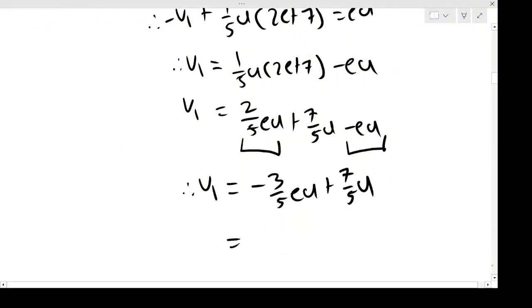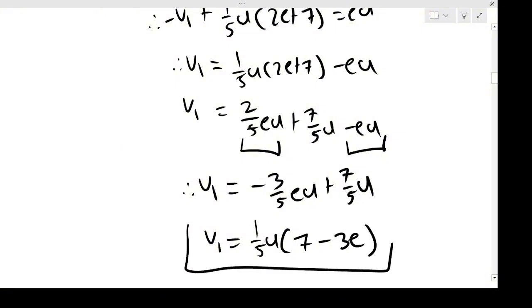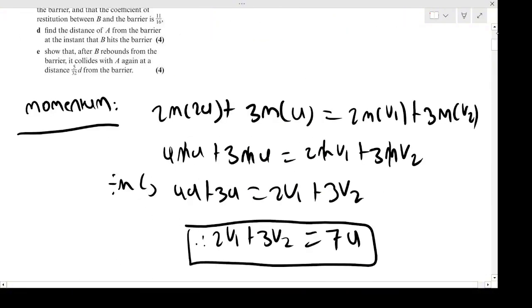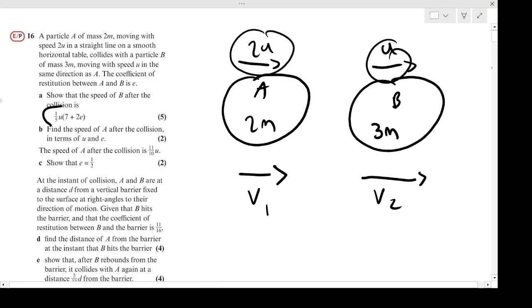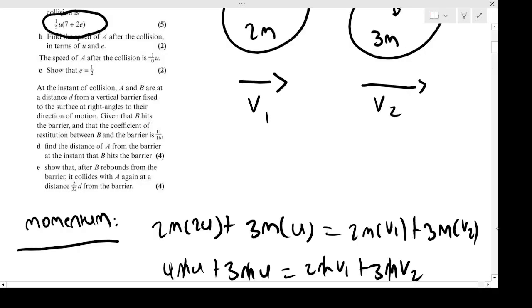And then we can factor out 1/5 u, and that'll get me 7 take away 3e. And that is my expression for v1 there. Hopefully happy with all of this, and you're happy with the factorisation and the algebra here. So that's my two speeds. Now, just to confirm, my speed for B should be a 5th u of 7 plus 2e.